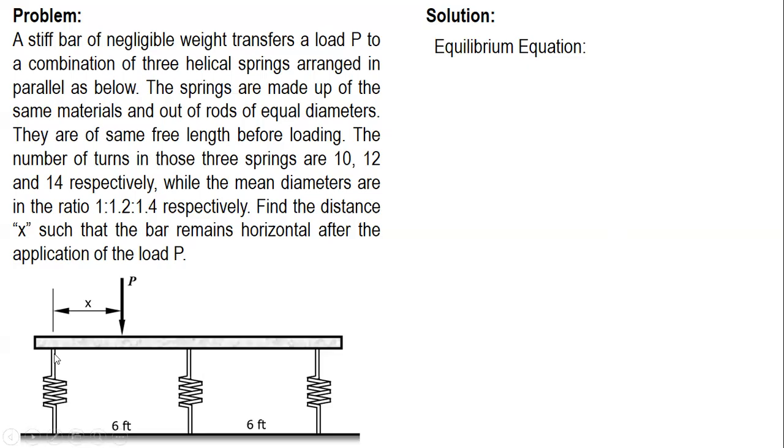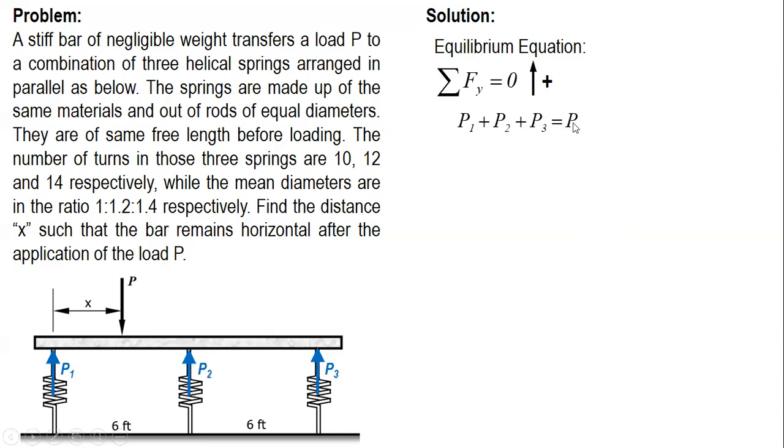So we identify the resisting force of the three springs. So this one, P1, spring number 1, 2, and 3. So here you have P2 and then P3. So our equilibrium equation is summation of force vertical equal to 0.